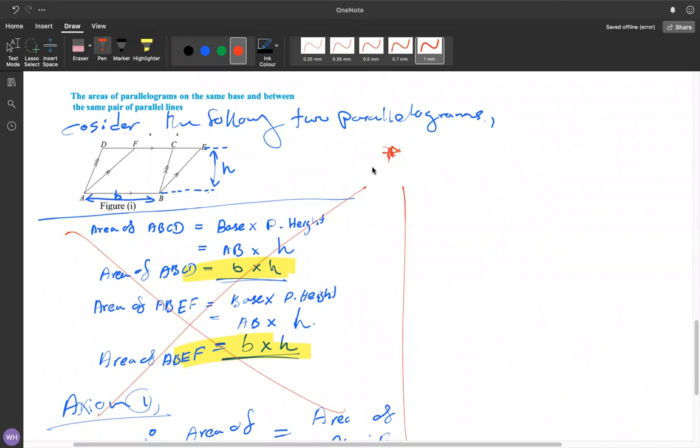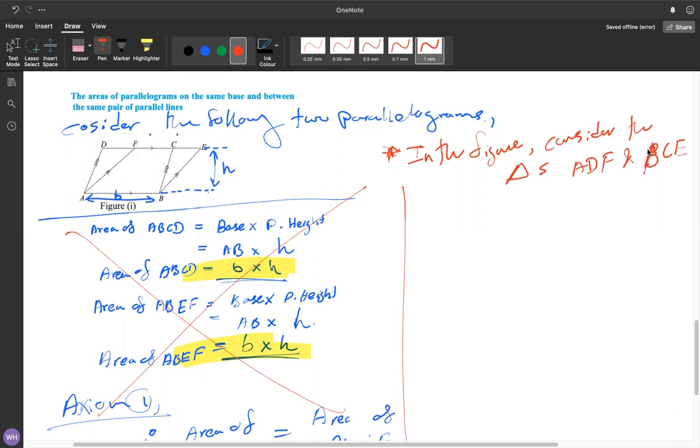All right. So now, have you finished drawing this? Then write in the figure. Consider the triangles ADF and BCE.